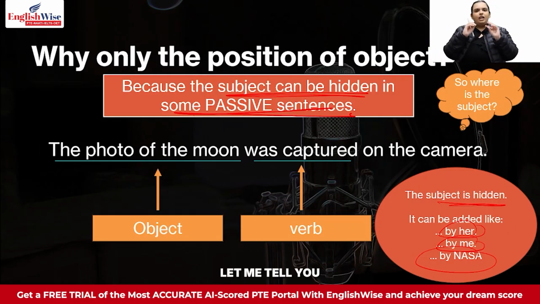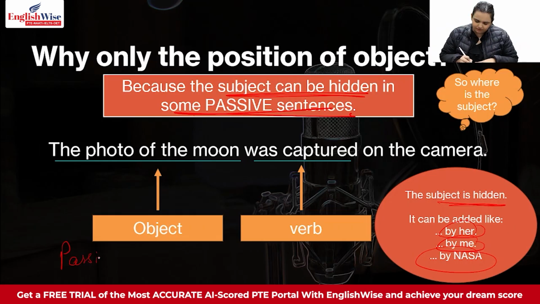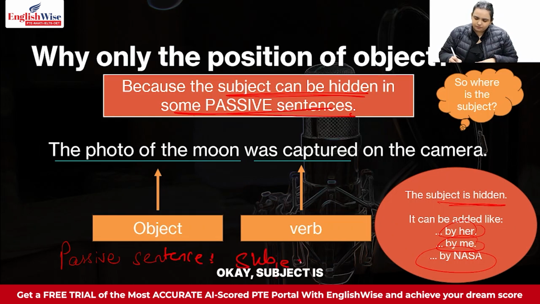Let me tell you one thing straight away, guys. In a passive sentence, the subject is always identified with the word by.